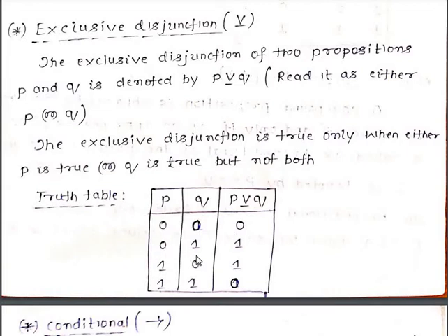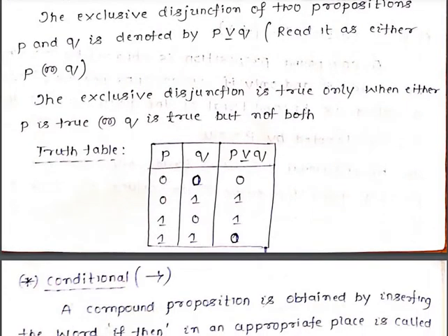P is 0, Q is 1, P exclusive Q is 1. P is 1, Q is 0, P exclusive disjunction Q is 1. P is 1, Q is 1, P exclusive Q is 0. Why? Because both cannot be true or both cannot be false.